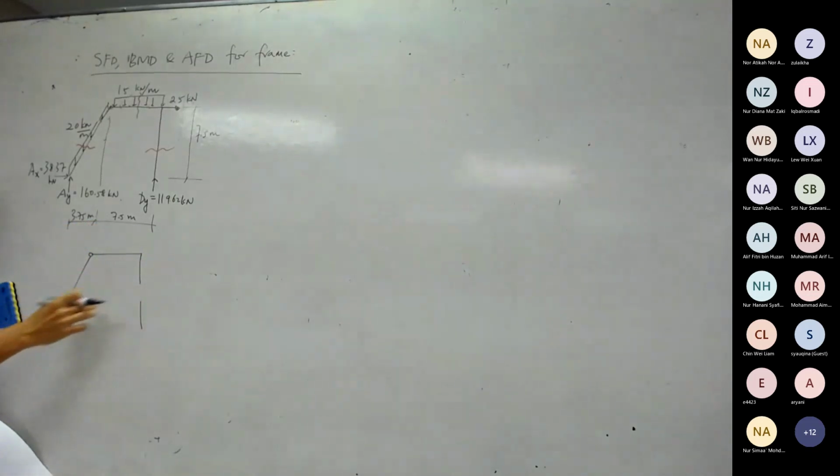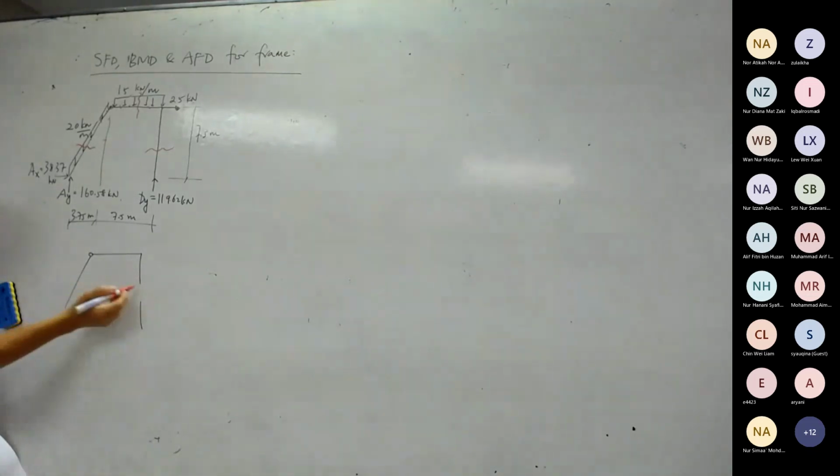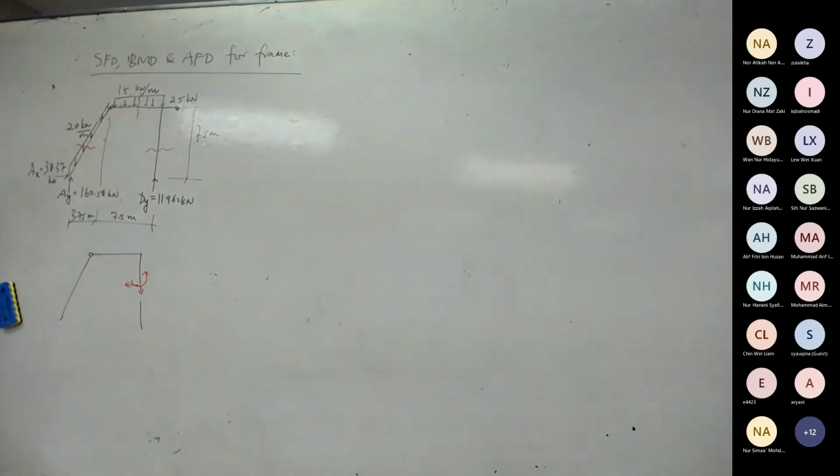So the important thing is, when you cut here, or here, or there, and you draw the free body diagram, how the positive directions of axial force, shear force, and bending moment are defined.